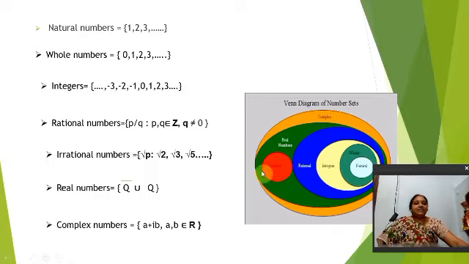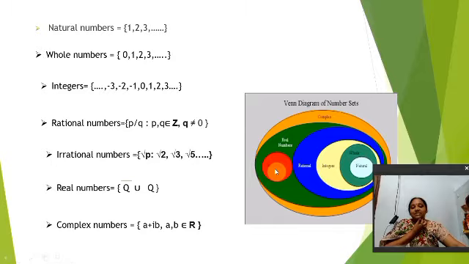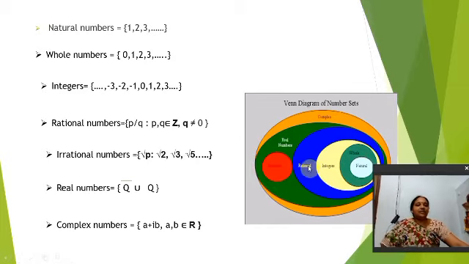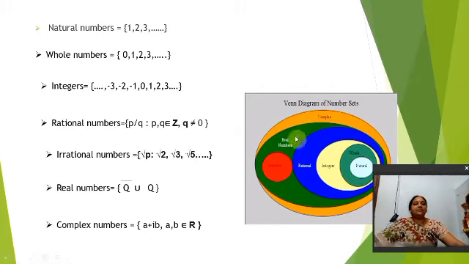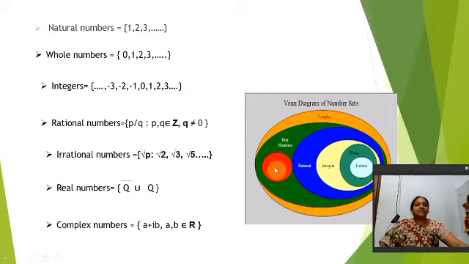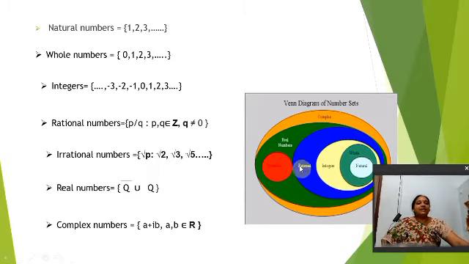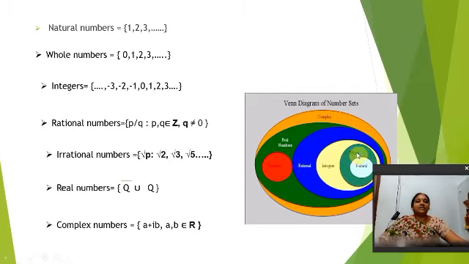Irrational numbers also lie in real numbers only, but irrational numbers are different from rational numbers, and real numbers lie in complex numbers. The highest set here is complex numbers. Next, real numbers. In real numbers we have rational and irrational. In rational numbers we have integers. In integers we have whole numbers, and in whole numbers we have natural numbers. This is the Venn diagram of number systems.